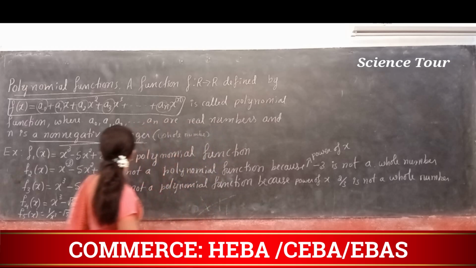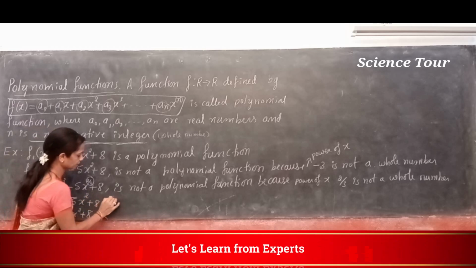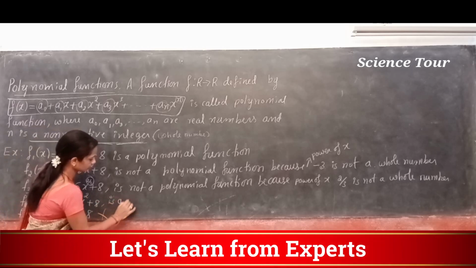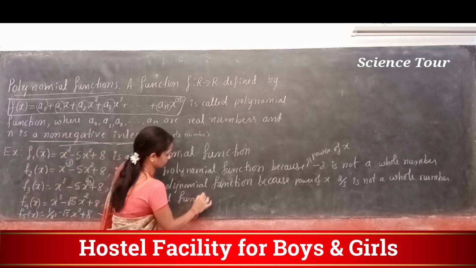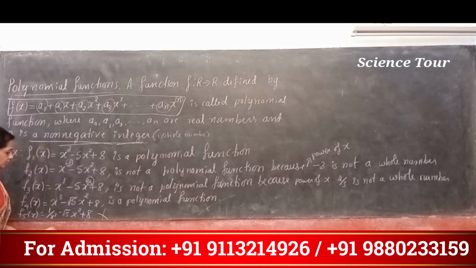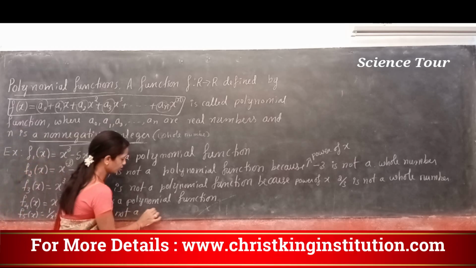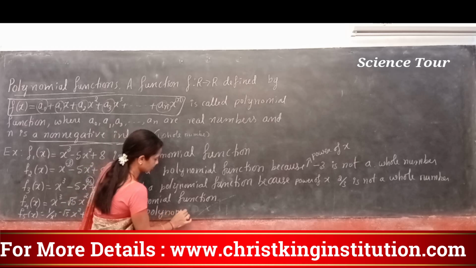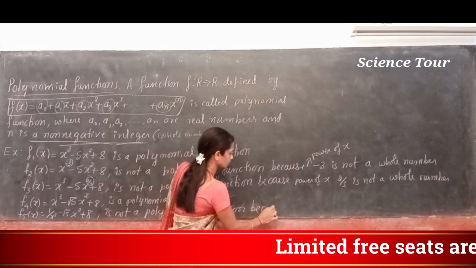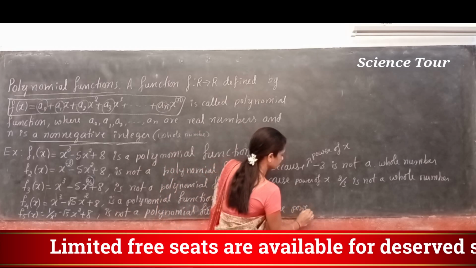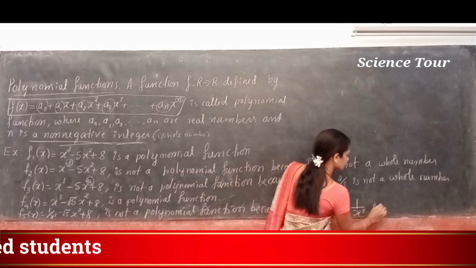Okay, next f4 of x is a polynomial function because here you can see each power of x is a non-negative integer. And the last one, f5 of x is not a polynomial function because the power of x in this 1 by x cube is minus 3.